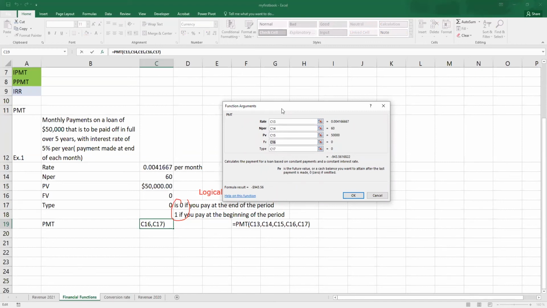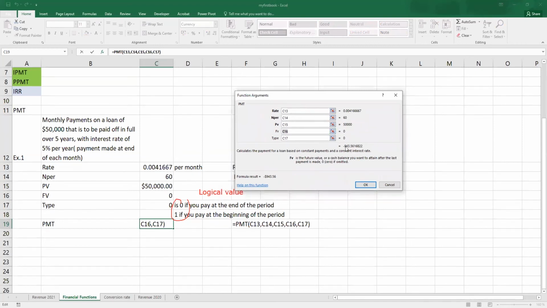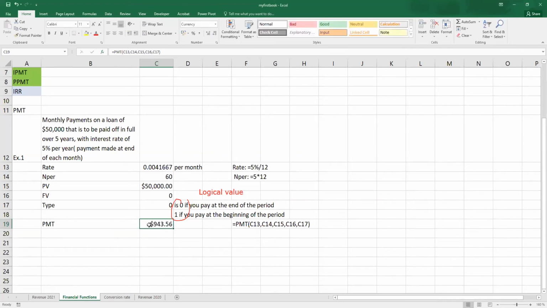Once you calculate, you can see that the intermediate result is showing negative 943.56. What does it mean? If you see just this value, it means that each month you have to pay $943.56. What does it mean by negative value?